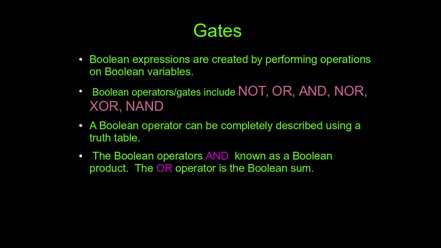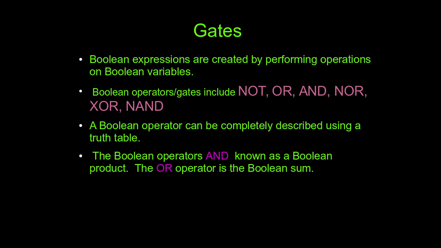Boolean operators, or what they call gates, and we're going to be using gates for Boolean operators, include the NOT, which is an inverter. I input a 0, I get a 1. Then OR, which can be called the sum, and AND, which can be called the product, then NOR, NAND, and XOR.